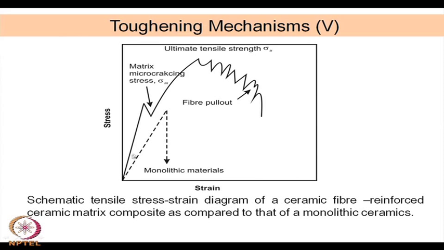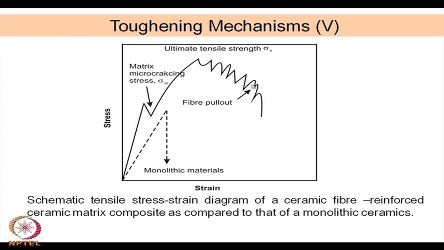A monolithic ceramic, if you test it under tensile load, goes up to a point and then suddenly breaks. So, there is no permanent deformation, or ductility is almost nil, whereas if you have a CMC, that means a ceramic matrix composite with reinforcement by some fibers, the stress strain diagram is quite different.